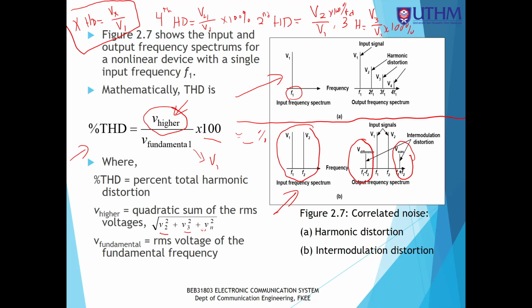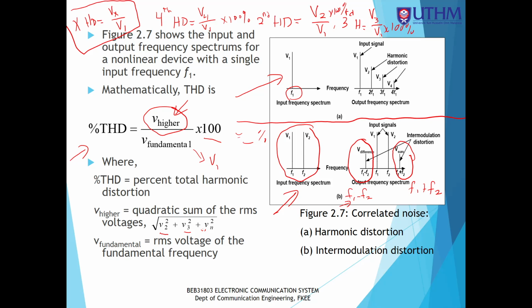So what's the difference? You see that unwanted sum means that the frequency is located at F1 plus F2. Dia berada pada lokasi F1 plus F2. And then unwanted difference terletak pada frequency F1 tolak F2. Dalam kes ini F1 lebih besar daripada F2.